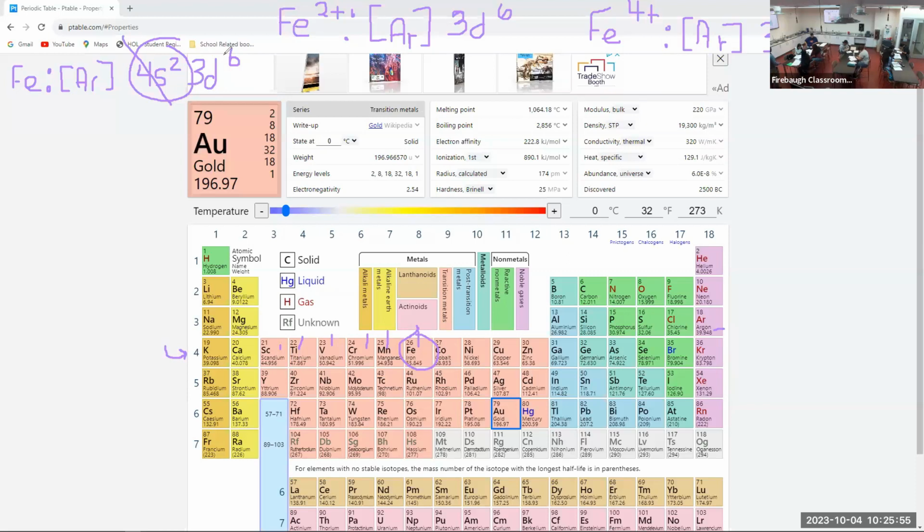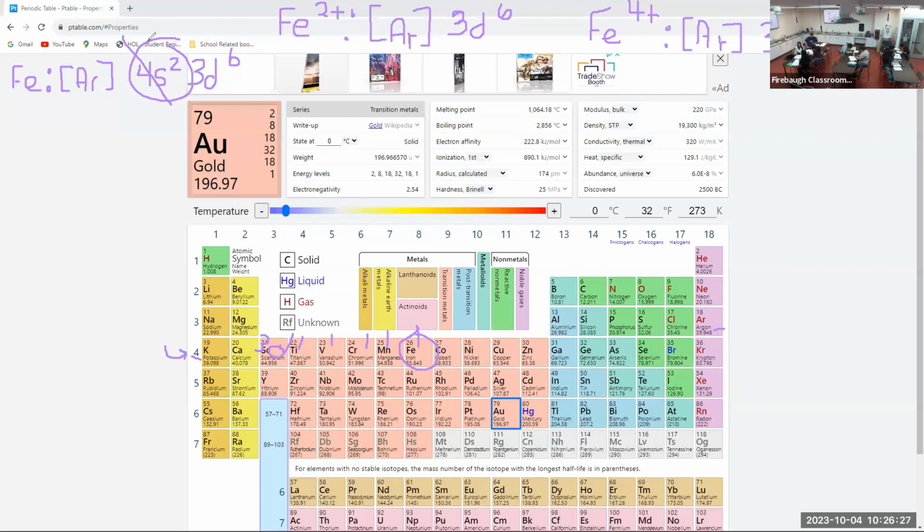If we look where Fe is on our periodic table, this one here is the 4th period, and then you start here. When you're here, this is the 3d. We get 6 because there are 1, 2, 3, 4, 5, 6 electrons there.